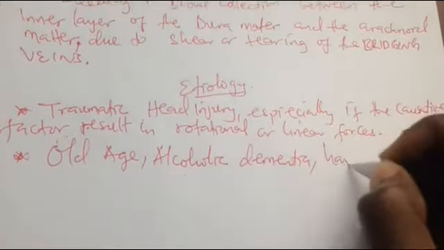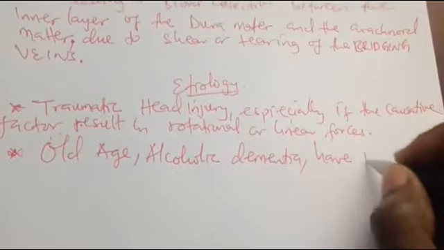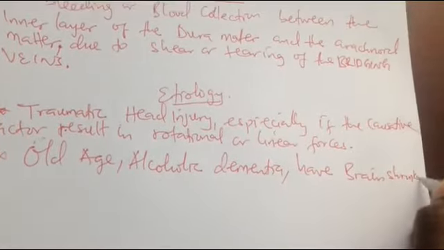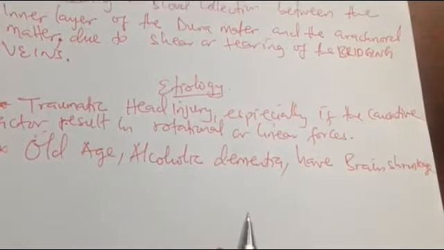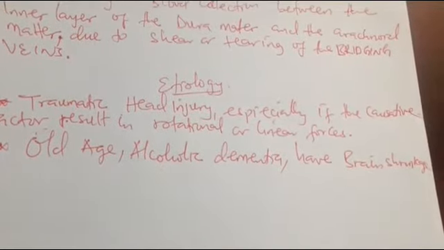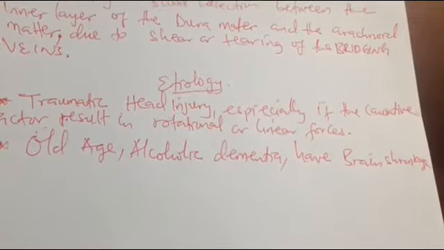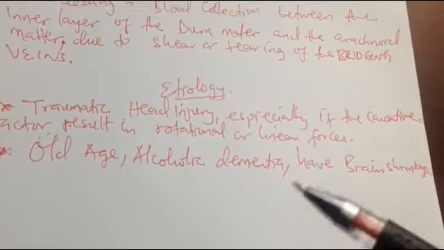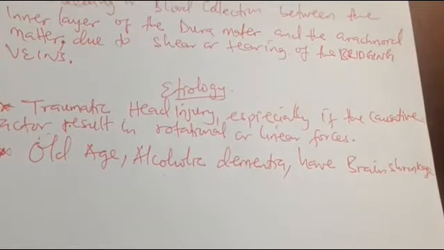Because of this brain shrinkage, there is an increase in the length and the stretch of the bridging veins, making them more likely to shear or tear.